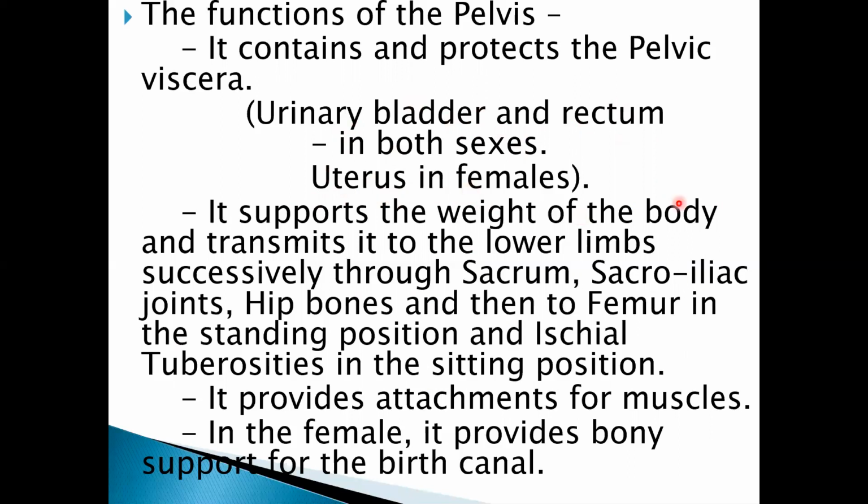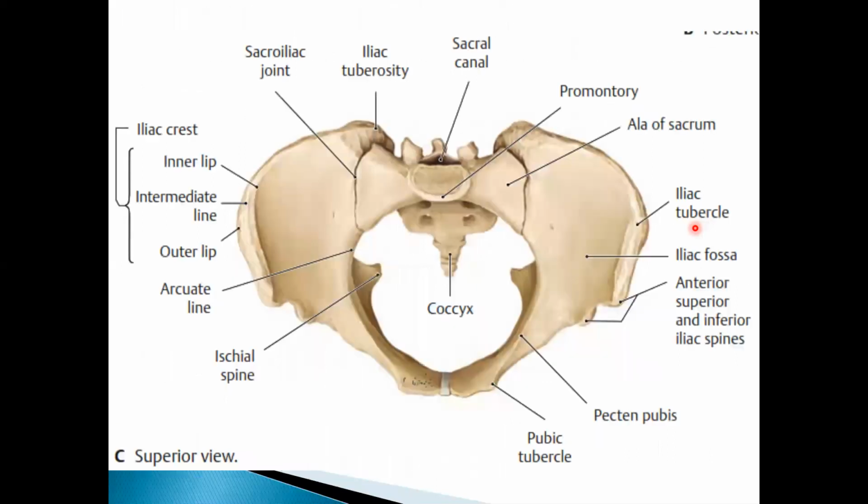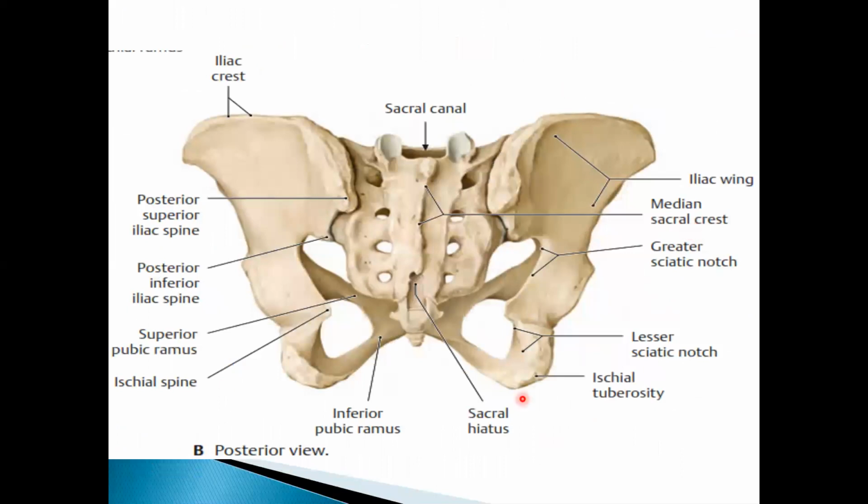It supports the weight of the body and transmits it to the lower limbs successively through sacrum, sacroiliac joints, hip bones, and then to femur in the standing position and ischial tuberosities in the sitting position. The lowermost part of the pelvis or the hip bone is the ischial tuberosity. In the sitting position, through the hip bones and the ischial tuberosity, the weight of the body is transmitted to the ground.